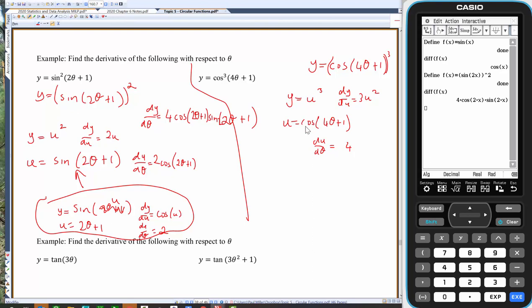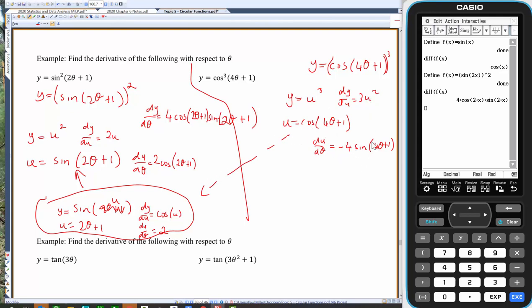The derivative of cosine is sine, so it's going to be negative 4 sine of 4 theta plus 1. Check your formula sheet for that one if you're not too sure how I've made that move, or feel free to pause the video and put that into a chain rule like we did earlier, just to confirm its derivative.